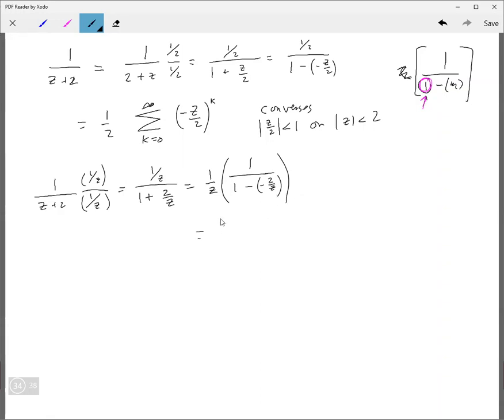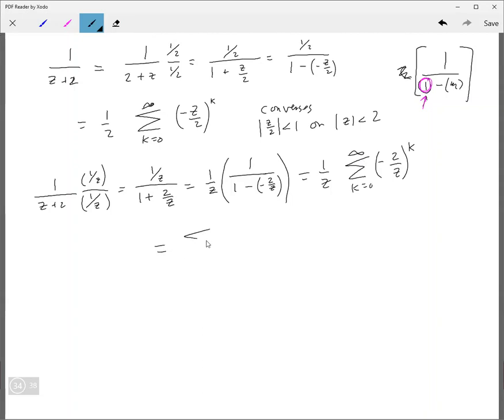Let me back up a little bit. This one is going to be 1 over z times the series of negative 2 over z to the kth power.